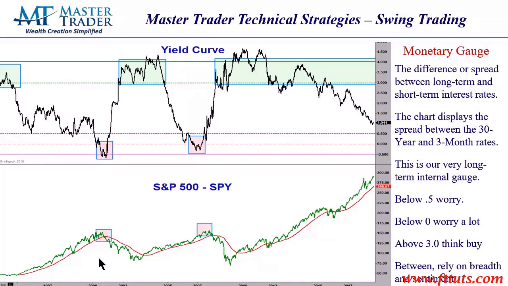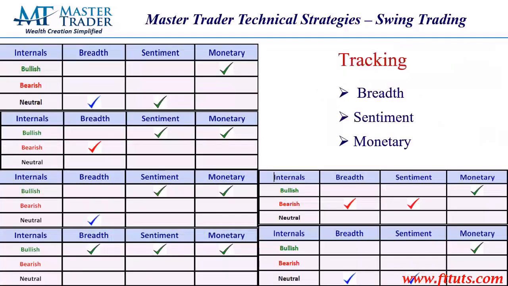Then we're looking for price confirmation. We're looking for breadth and sentiment confirmation. We're looking for multiple time frame confirmation. And odds are we're going to get it right if we're looking at it objectively with the tools provided. So what I do every single week is I track this, and I put it in a little spreadsheet like this.